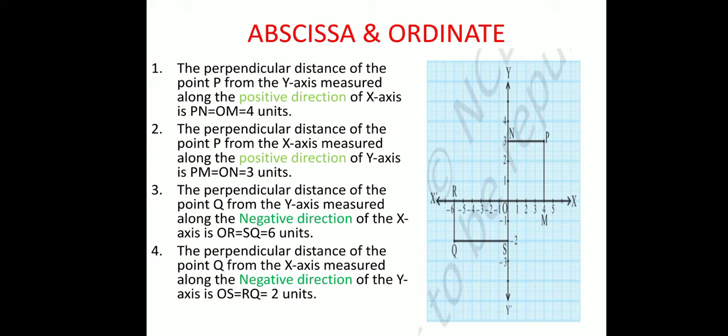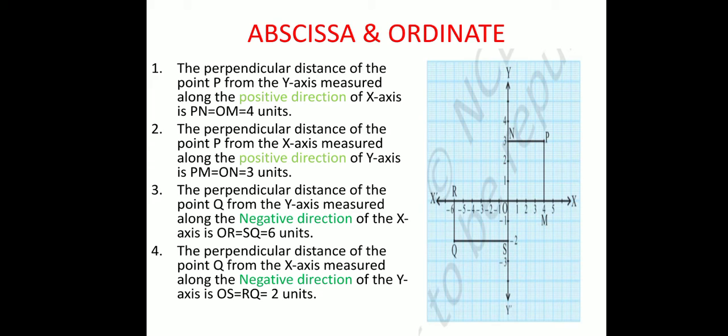Now, you find that the perpendicular distance of the point P from the y-axis, measured along the positive direction of the x-axis, that is PN, equals 4 units. So we can also say that PN equals OM, and OM equals 4 units.